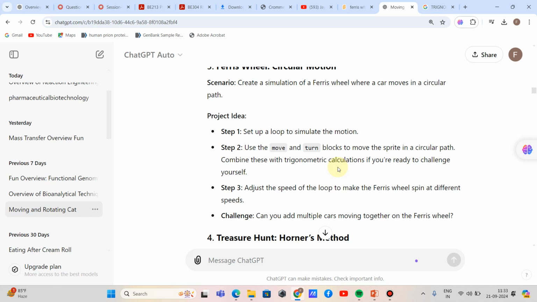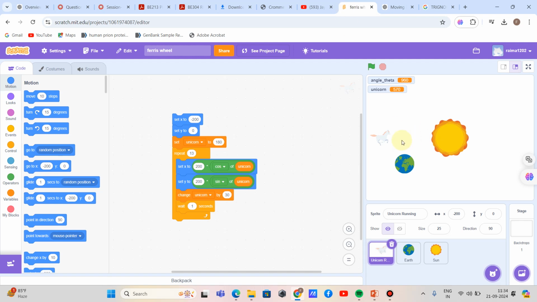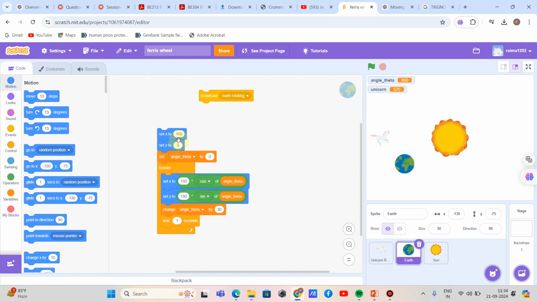For that challenge, I used a unicorn sprite and an Earth sprite. The unicorn rotates clockwise starting from the position -200, 0, and Earth starts at the 150, 0 position. So this challenge is met by these two sprites.